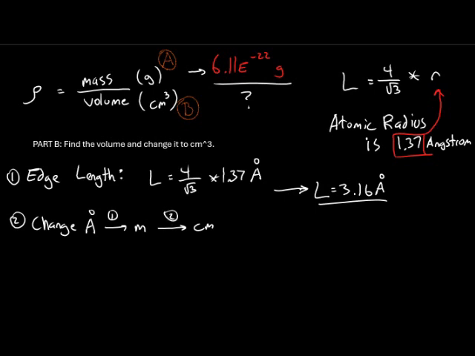We'll begin by bringing down the angstroms we just found, 3.16. We're going to multiply it by a fraction where we'll get rid of the angstroms by placing it on the bottom, and we'll go to meters, which we place on top. 1 meter is the same thing as 1 times 10 to the 10th angstrom.